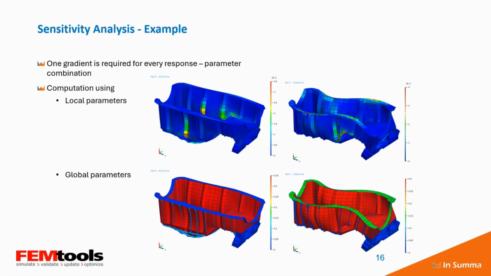That would be a global parameter that is a scale factor to the entire system stiffness matrix or mass matrix. So we can have an infinite number of choices between, at one extreme, a global scale factor to the system mass and stiffness, or at the other extreme, element by element updating.